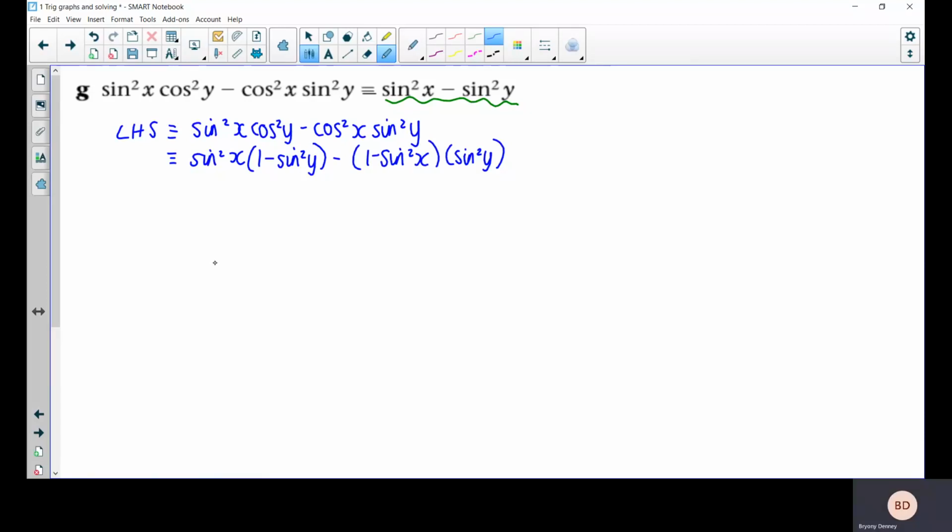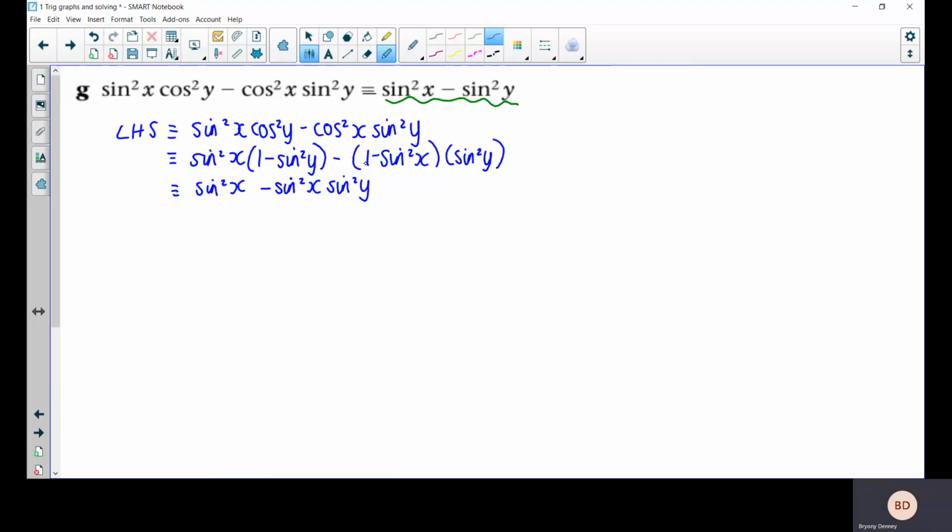So now I'm going to expand everything because I've got brackets to expand now. So I'm going to have sine squared x multiplied by 1, which is just sine squared x. Sine squared x multiplied by minus sine squared y. Well, that's going to be minus sine squared x sine squared y. I can't make those equal to each other. There's a different variable x and y involved.